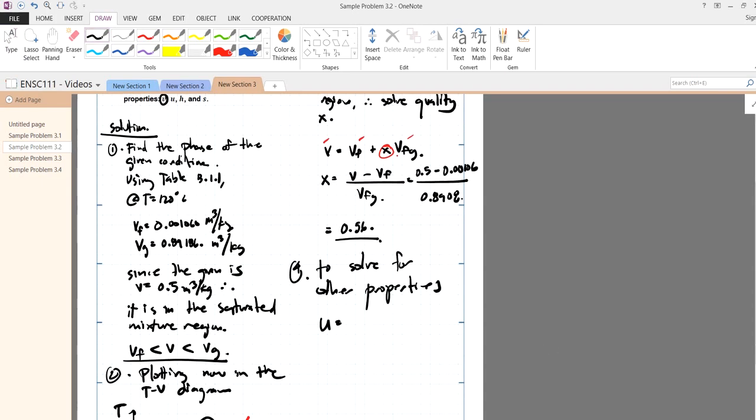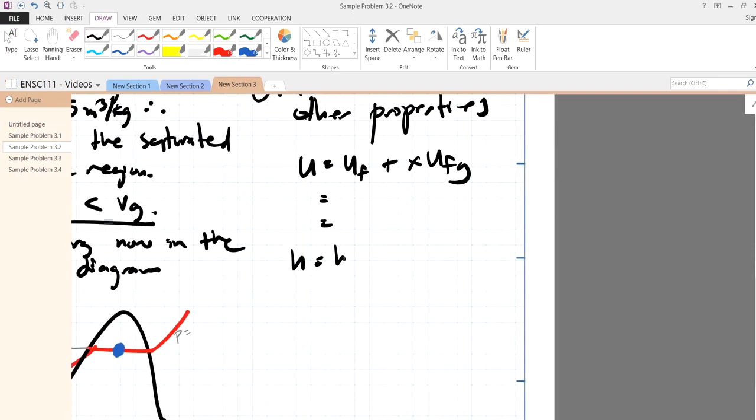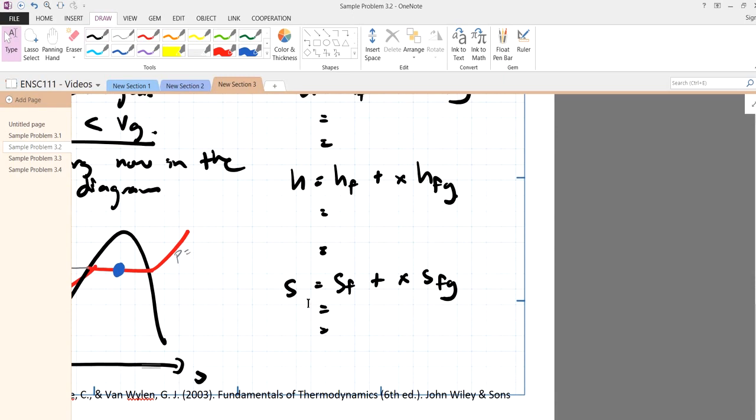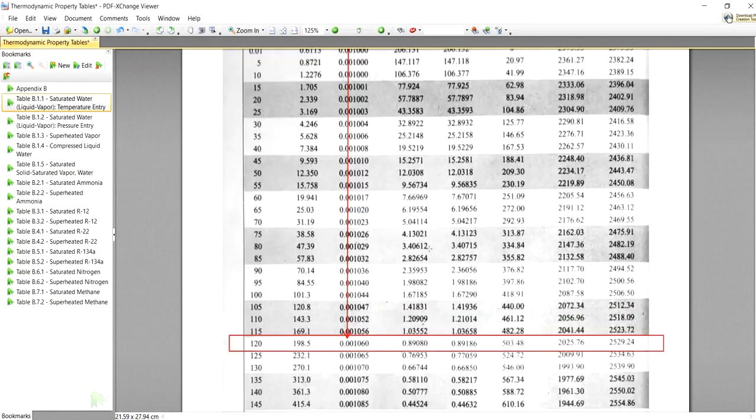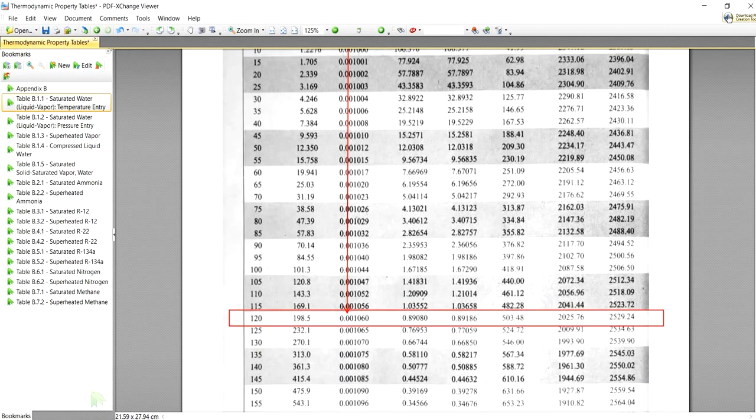So u will be simply uf plus x ufg, and for h, that is equal to hf plus x hfg, and for s, it is equal to sf plus x sfg. So what is uf? Then we go back to our table.